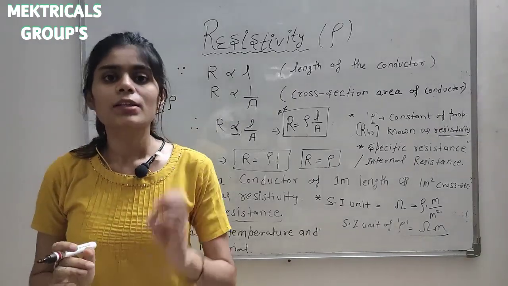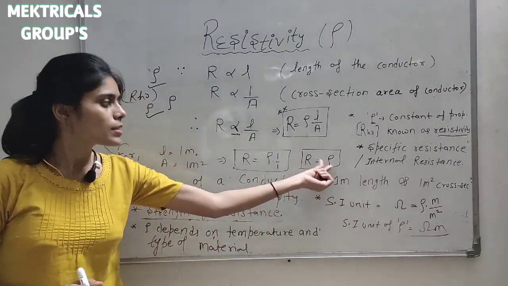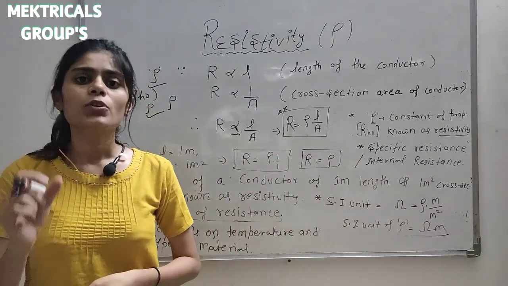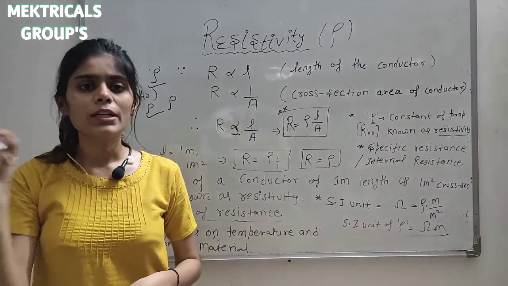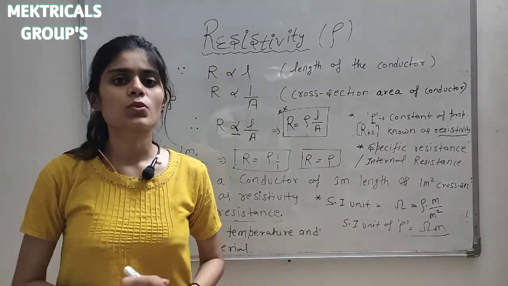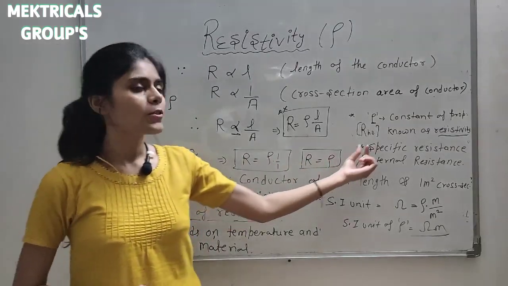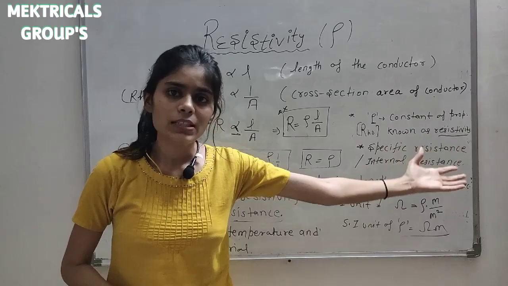Are you getting my point? Resistivity defines the value of resistance for a conductor with unit dimensions, meaning 1 meter length and 1 meter square cross-sectional area. That's why resistivity is also known as specific resistance.